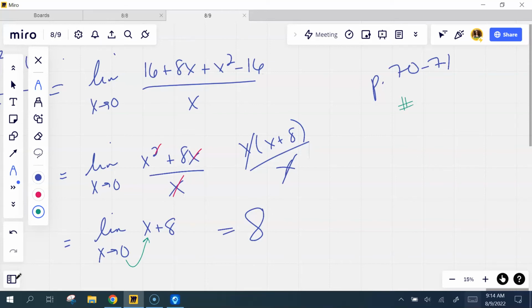Let's do look at 28. I'm sure we'll have to work that one tomorrow, but I'm trying to save your trig ones for later. 34.